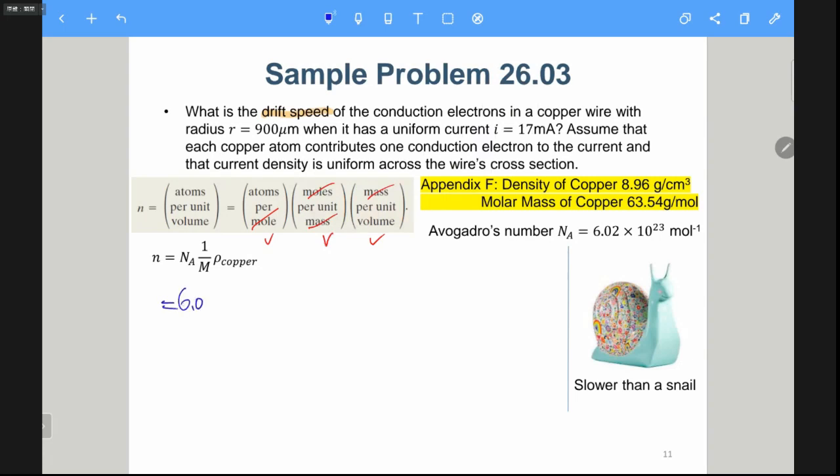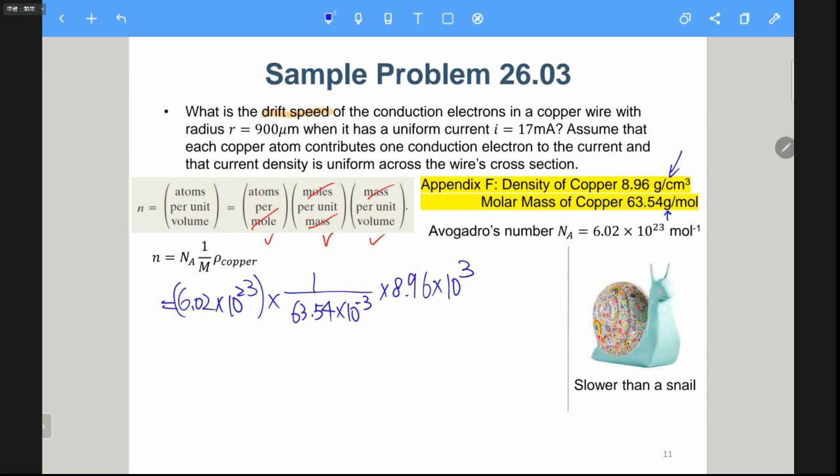It is 6.02 times 10 to the 23rd power, and then times the reciprocal of the molar mass, 63.54, times 10 to the minus third power, because this is in grams and we need to convert it back to kilograms. And then times the density of copper, 8.96 times 10 to the third power.